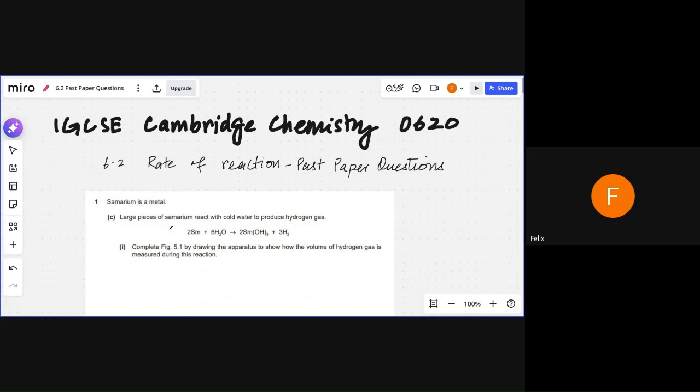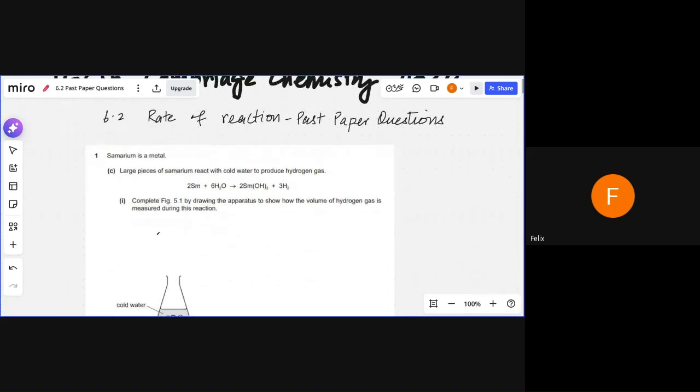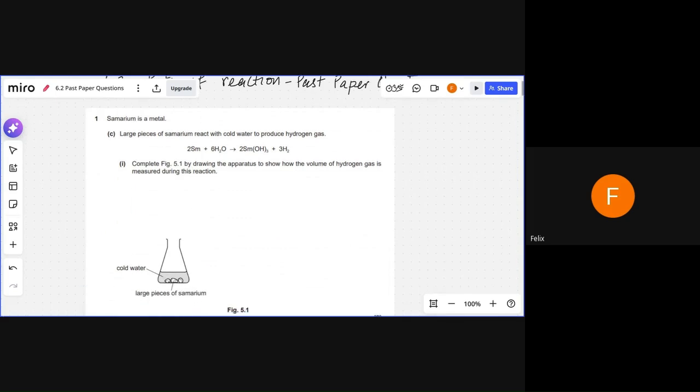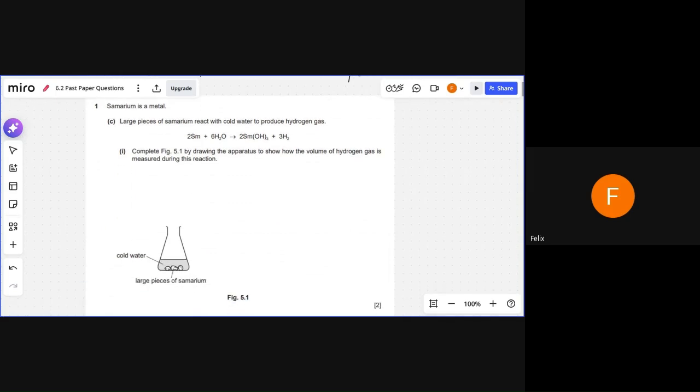questions, right? So the first question is, samarium is a metal. Large pieces of samarium react with cool water to produce hydrogen gas. Complete figure 5.1 by drawing the apparatus to show how the volume of hydrogen gas is measured during this reaction. So we understand that the volume of a gas is measured by a special apparatus which is called a gas syringe.